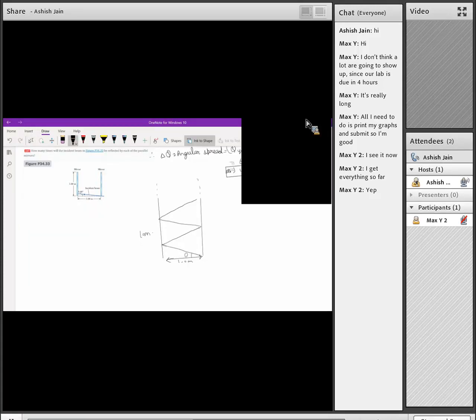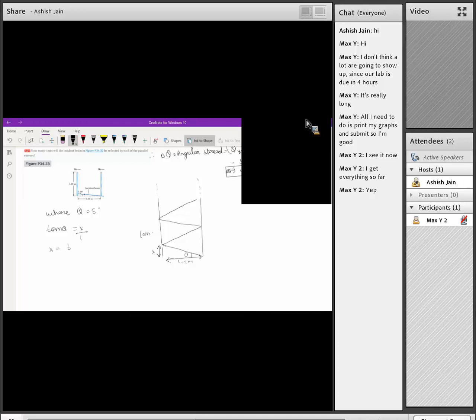Let's see, this is theta, then tan theta, where theta is given as 5 degrees. Tan theta is this side, let's call it x, divided by 1.